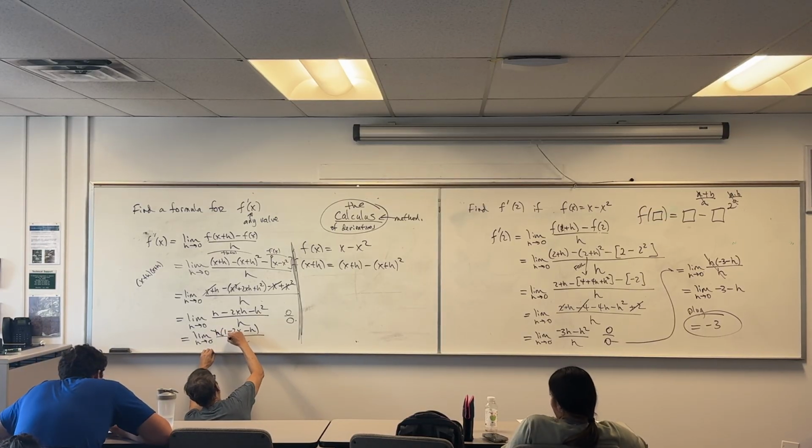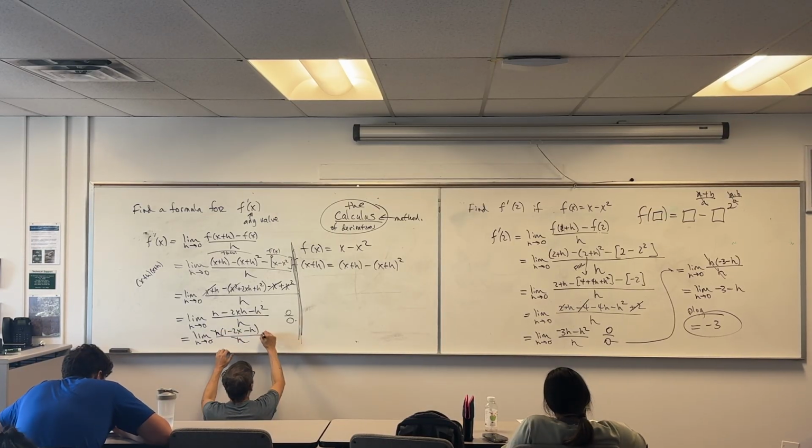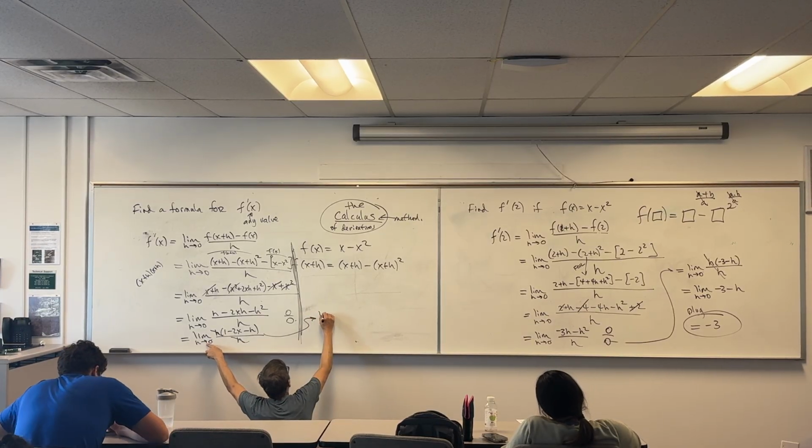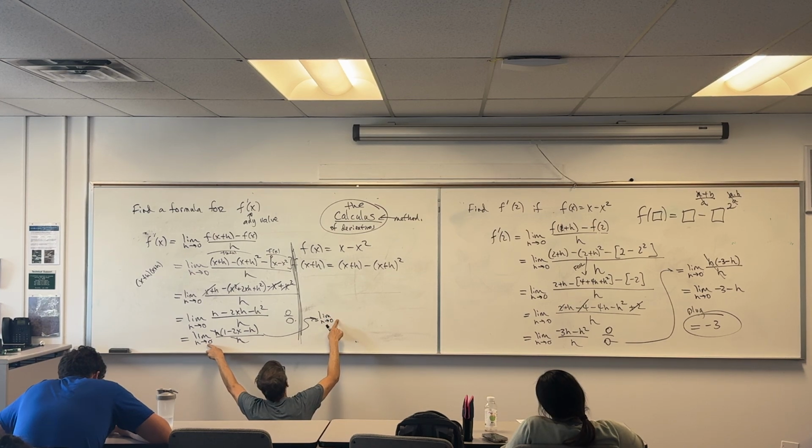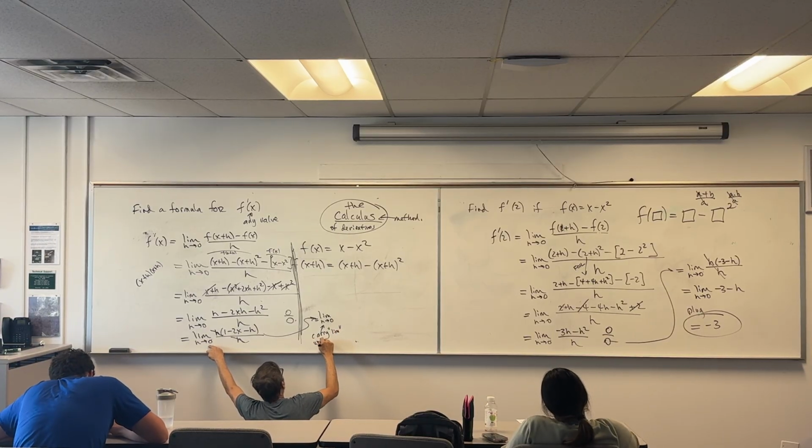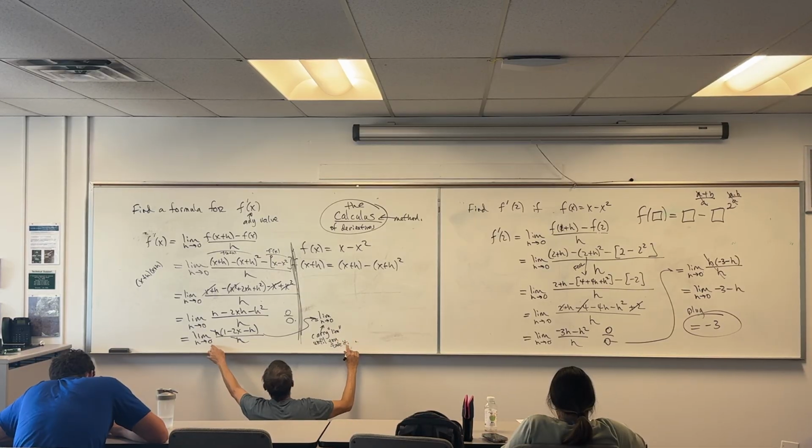There's the problem, that was the 0 over 0. Now I've eliminated it. Notice how I'm also carrying along the limit. This is something I want to see you do: carry the limit along until you've taken it, because it helps to remind you.